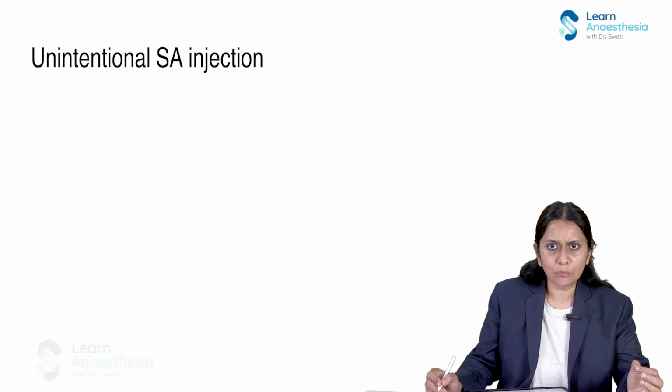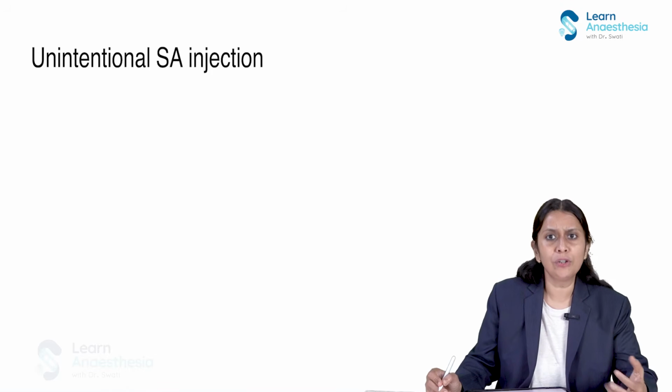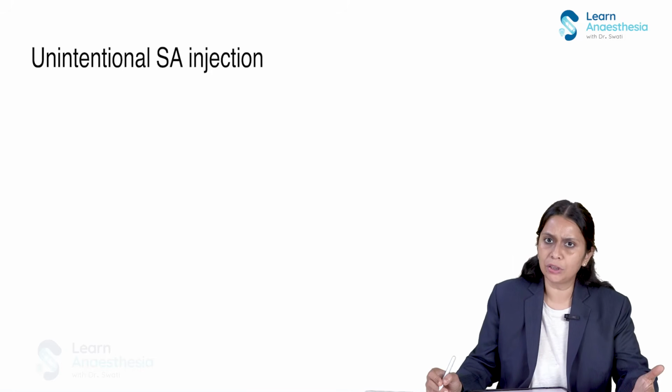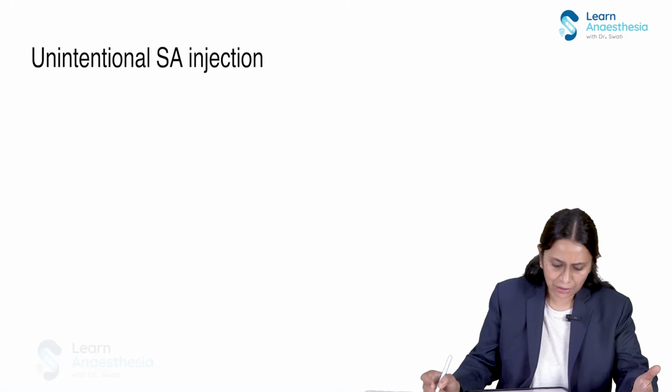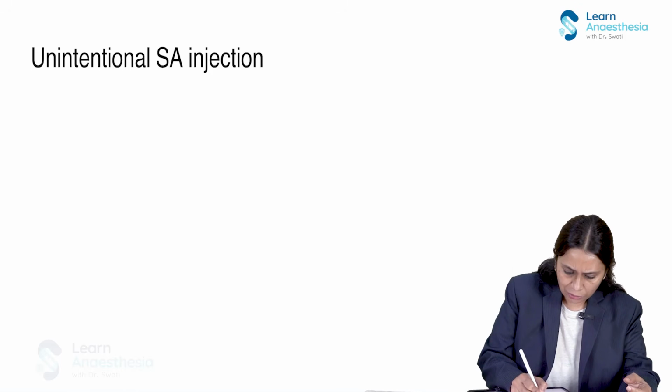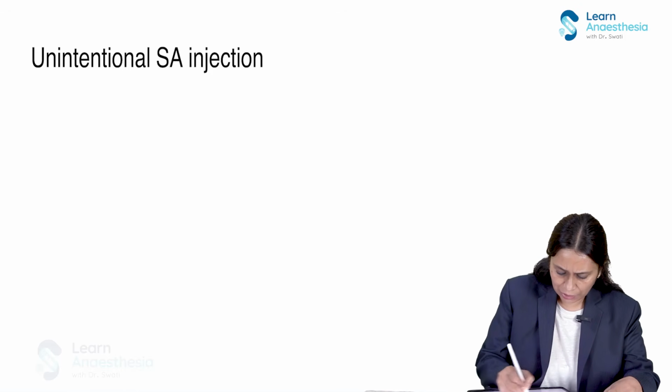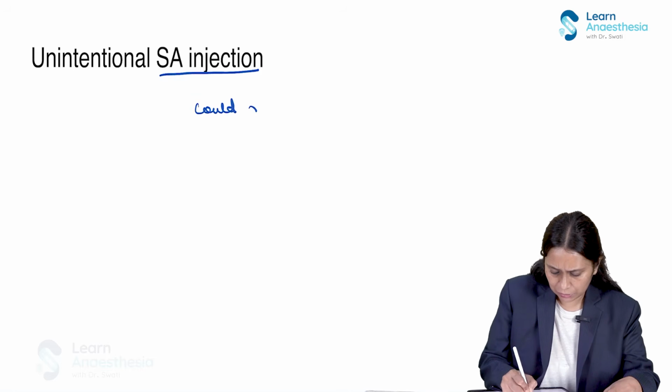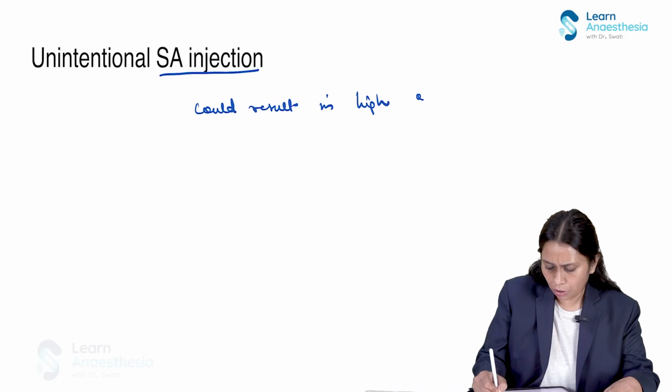So before giving the full drug through the epidural catheter, we always give a small test dose to detect that the catheter has not gone into the subarachnoid space. Unintentional subarachnoid injection of local anesthetic could result in high or total spinal anesthesia.